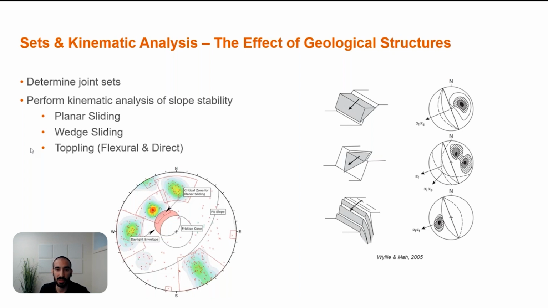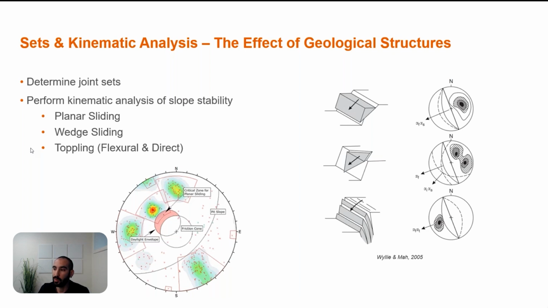And the second part is to determine the influence of the discontinuities on stability, which involves studying the relationship between the orientation of the discontinuity and the face. The objective of this study, which is termed kinematic analysis, is to identify possible modes of slope failure.